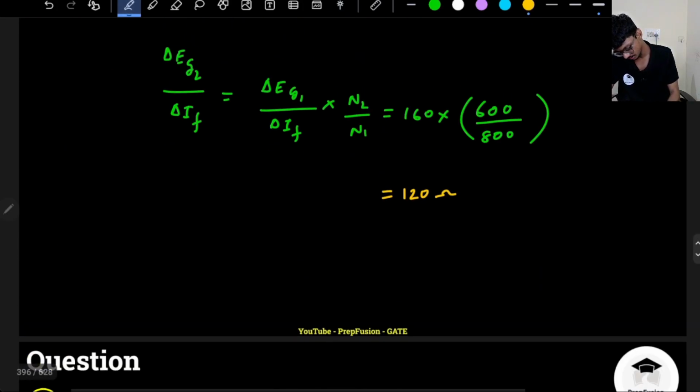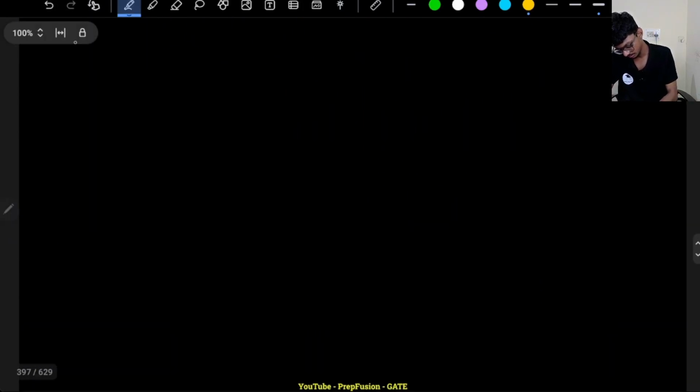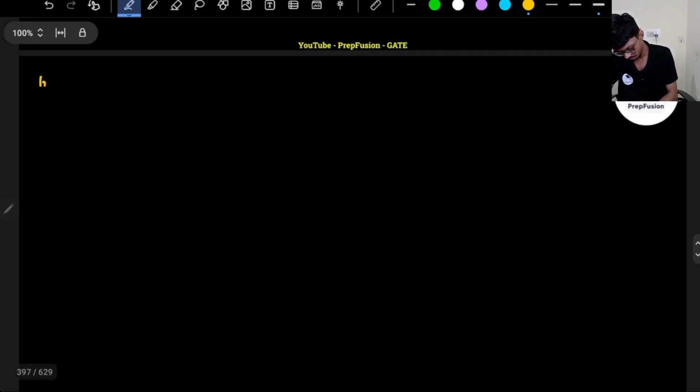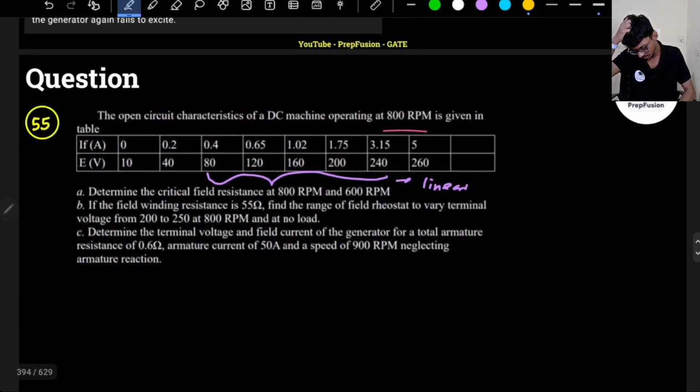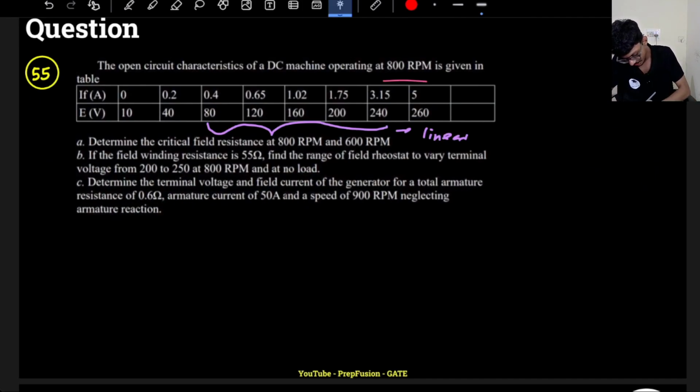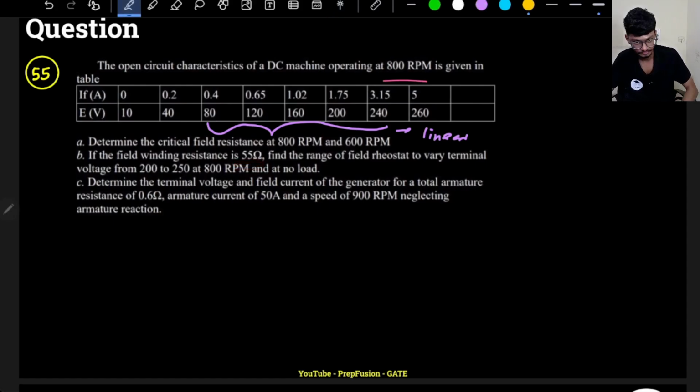Now the part B, what are they telling in part B? Here they have mentioned that the field resistance is 55 ohms. So what is the field current given to us?